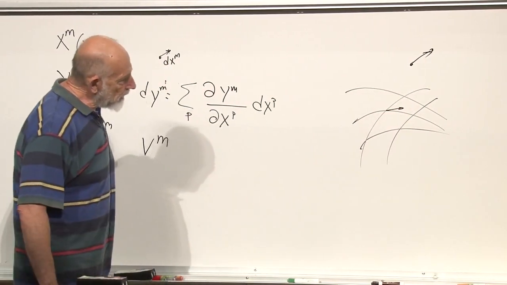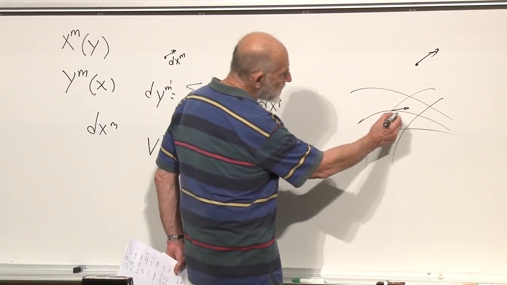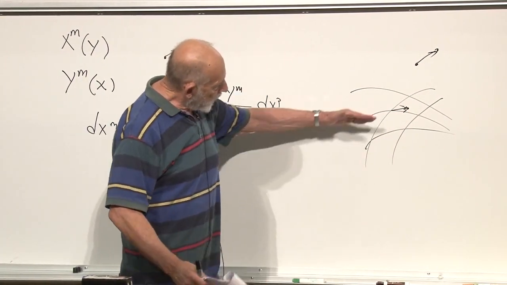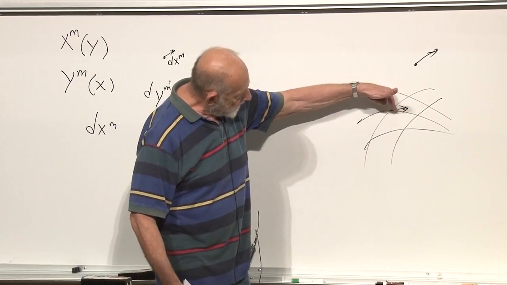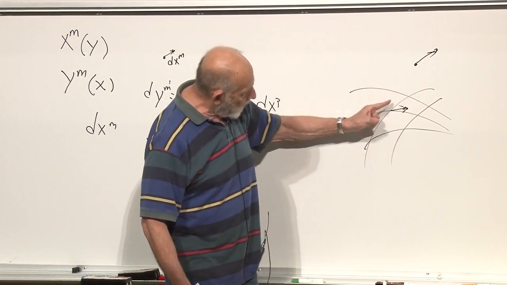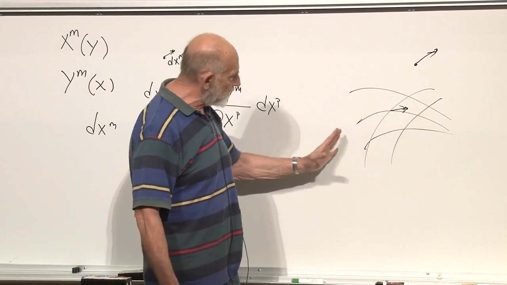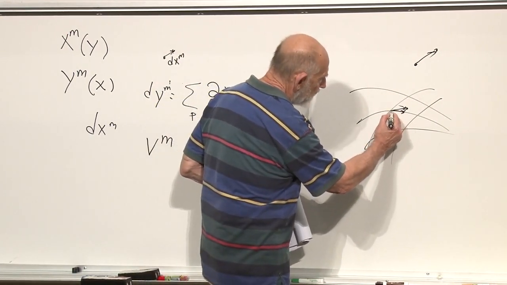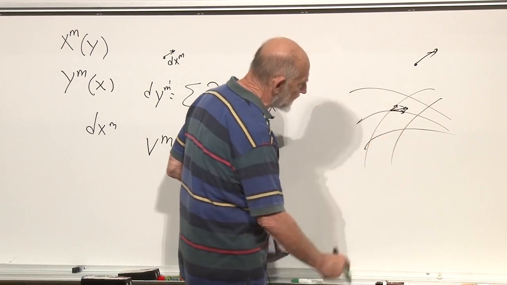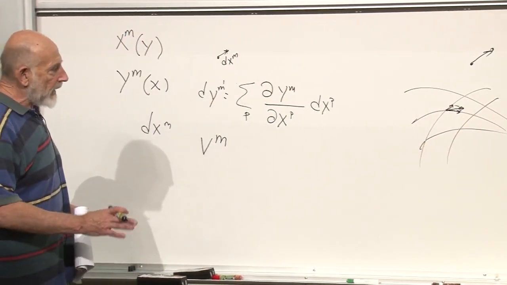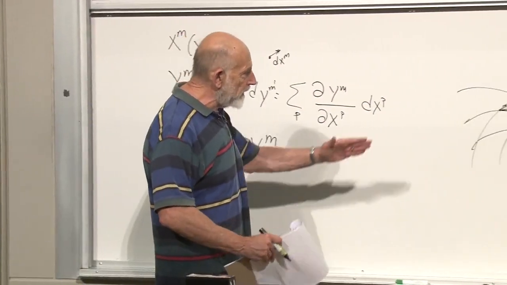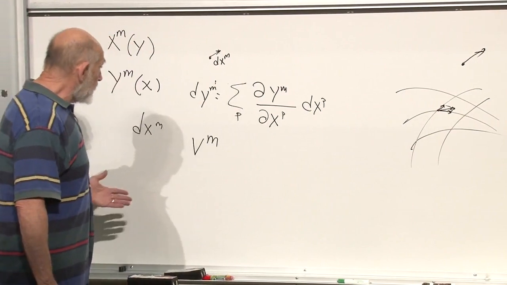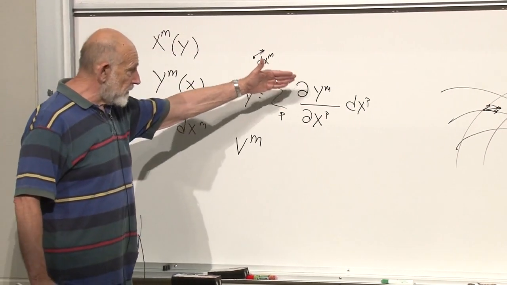And we are interested in the components of that vector along the axes prescribed by the coordinates, whatever those coordinates have to be. We're interested in the components of the little infinitesimal vector along specific axes, the axes which are locally the axes associated with the coordinates, those are these dy's and dx's.